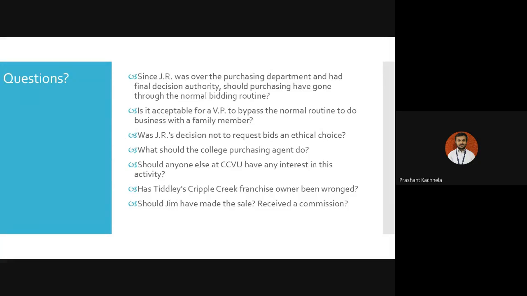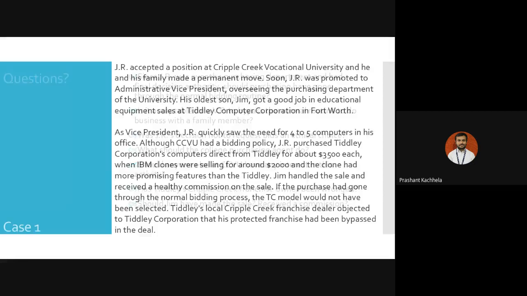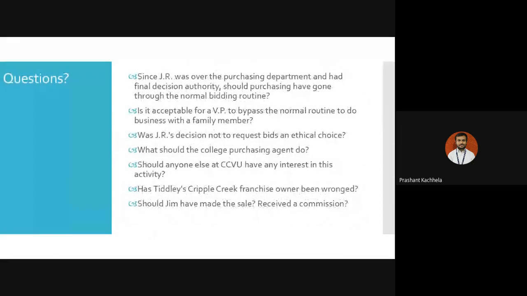Though VP is having complete freedom to make changes in any of the company's policy, and that's why many of the questions are also there that should anyone else at CCVP, CCVP stands for Cripple Creek Vocational University, where JR is working, should anyone else at CCVP have any interest in this activity? What do you think?